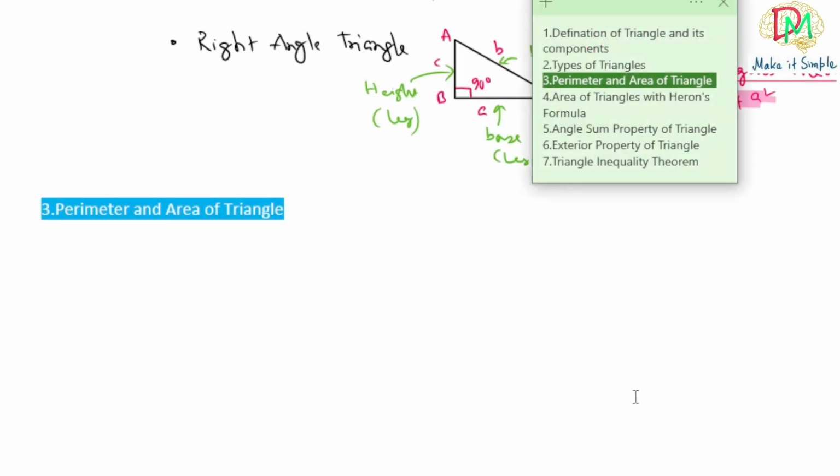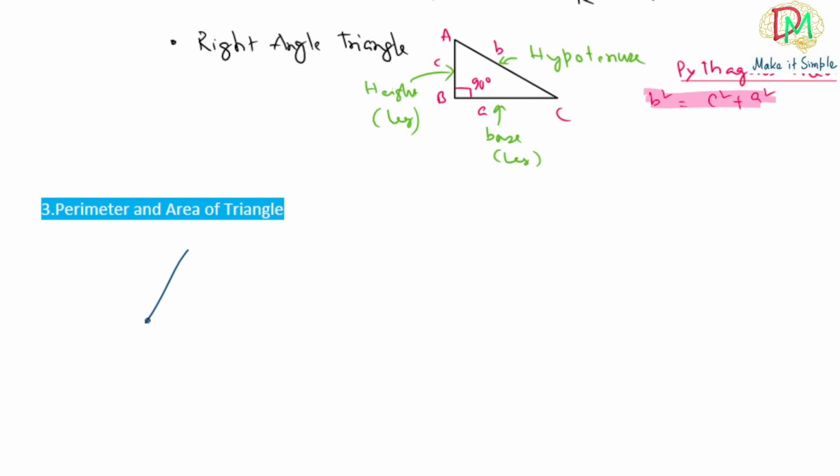Next we learn perimeter and area of the triangle. First we learn the general formula. So what is perimeter? So this is one triangle ABC, and we have already know that we can write this side as a, b and c. So perimeter is actually the total length of this boundary.